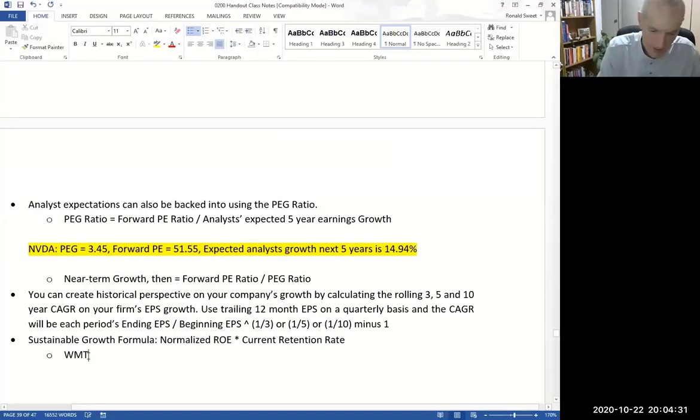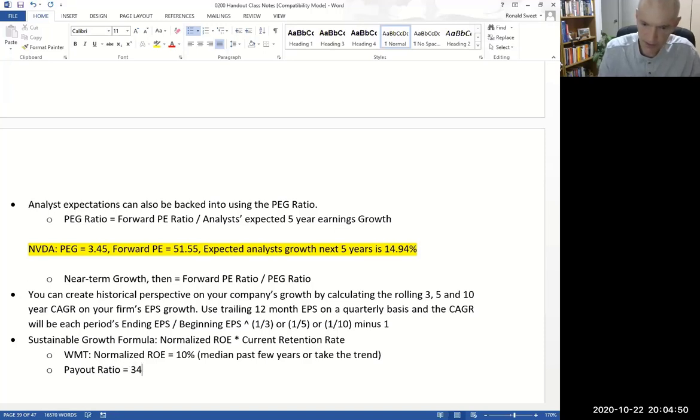let's go back to the class notes. For Walmart, I'm going to say normalized ROE is 10%. You can just use the median of the past few years, or take the trend. I took the trend for Walmart. Their payout ratio, I'm just going to round it to 34%.